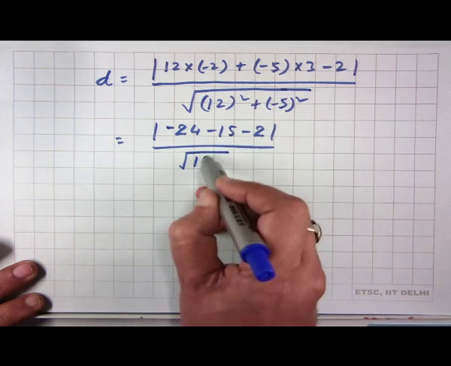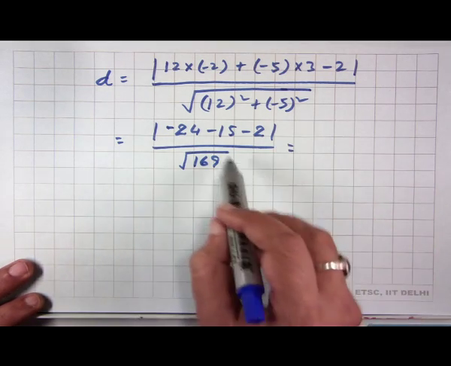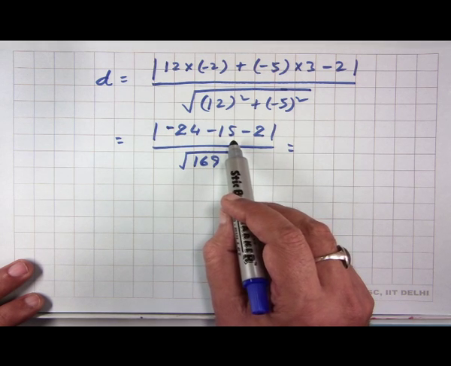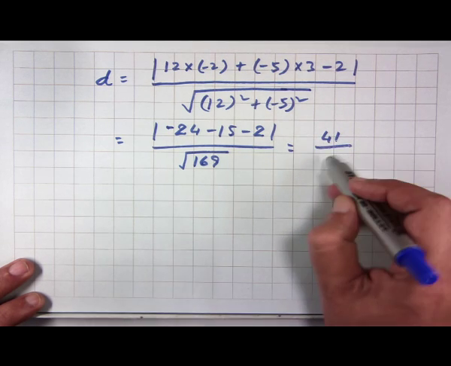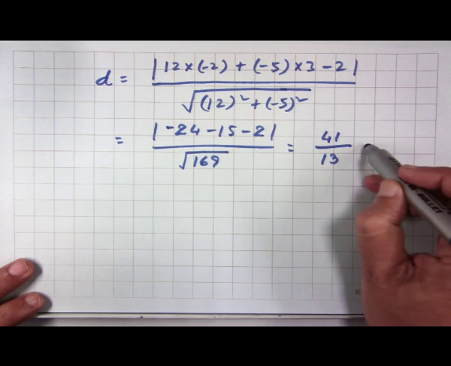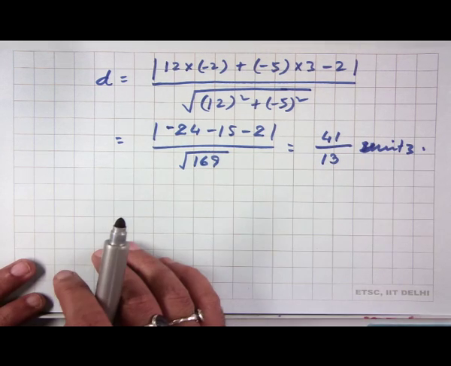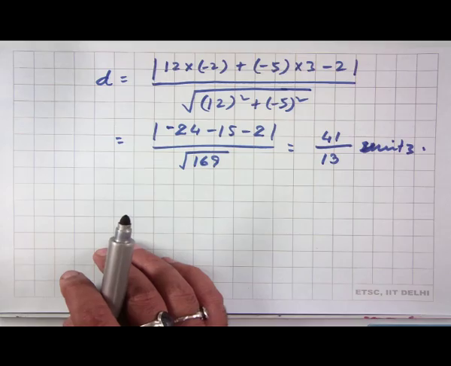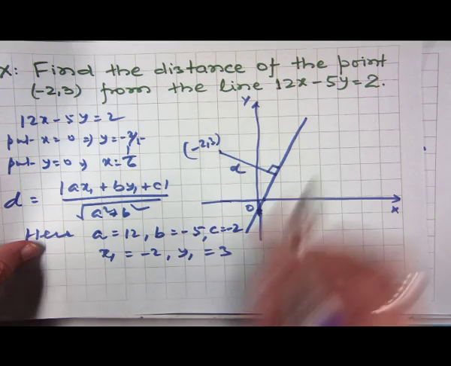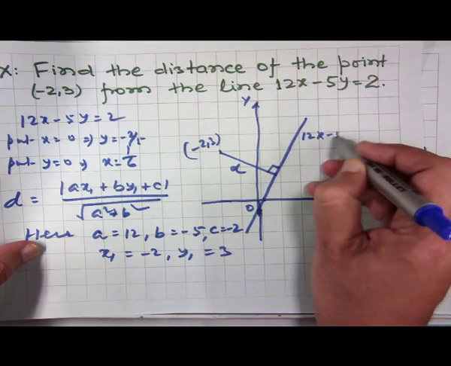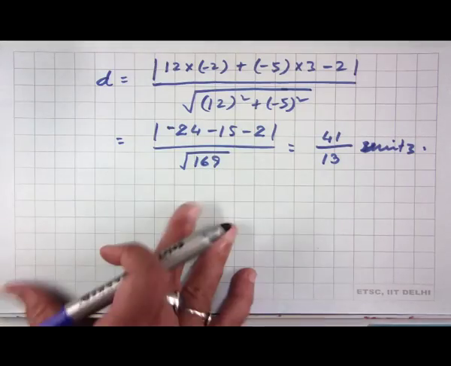So this is 41 by 13 units. So this is the distance of this point minus 2, 3 from this line, 12x minus 5y equal to 2. In this way we can use this formula.